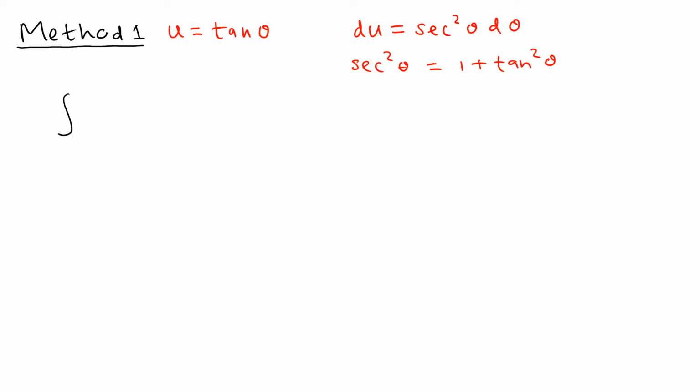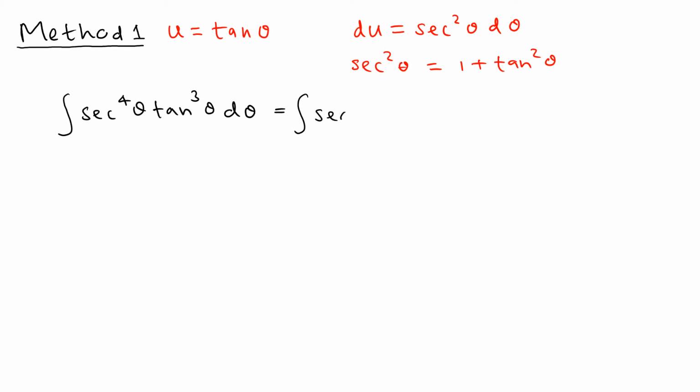We can start with the integral of secant 4 theta tan cubed theta. We know that we need the secant squared theta for the derivative, so we're going to take one secant squared theta term out.